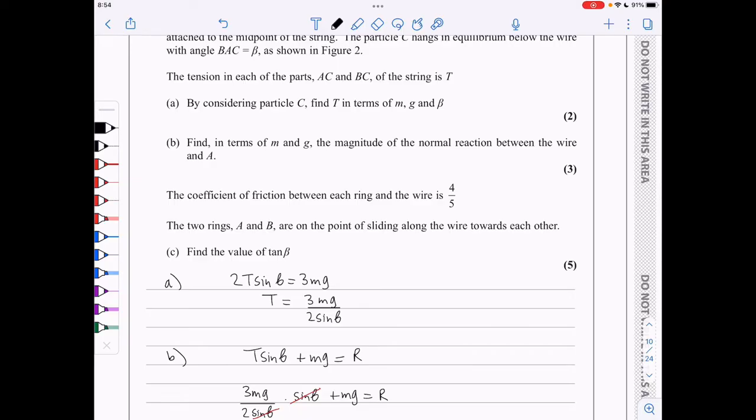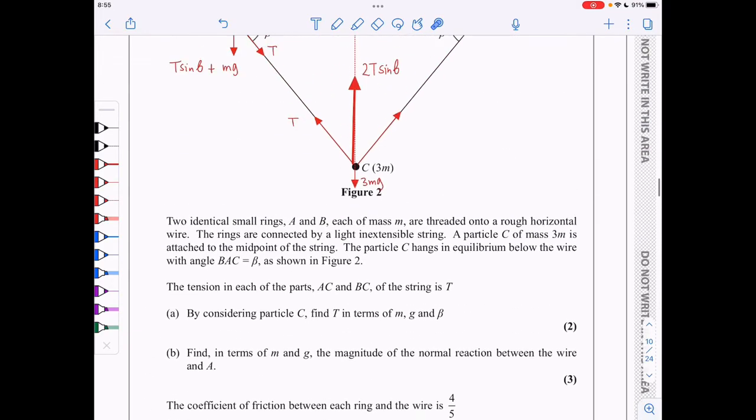Now the coefficient of friction between each ring and the wire is 4 over 5, and the two rings A and B are on the point of sliding along the wire towards each other. I need to find the value of tan β. So I need to add the horizontal forces that act on A, and this will help me find the value of tan β.